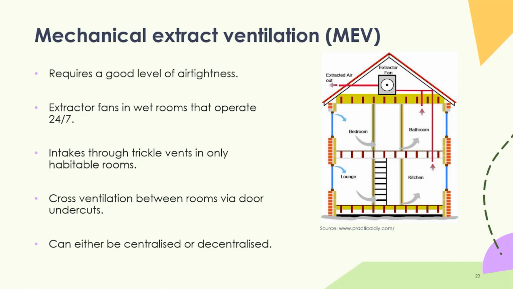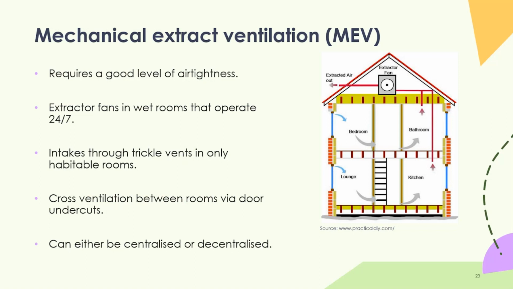Same thing, fresh air is being supplied through trickle vents in the habitable rooms, cross ventilation between rooms via door undercuts, and that last point, it could be centralized or decentralized. Basically, the centralized is where you have a single fan with ducting in the house going to the wet areas, bathrooms and kitchens.